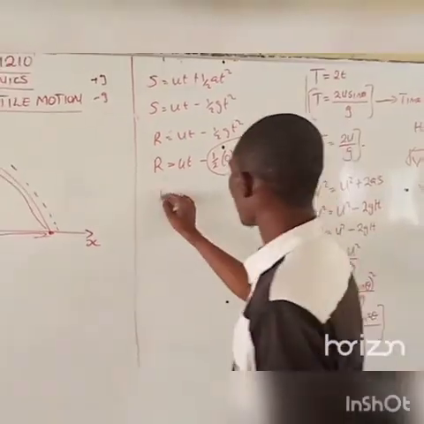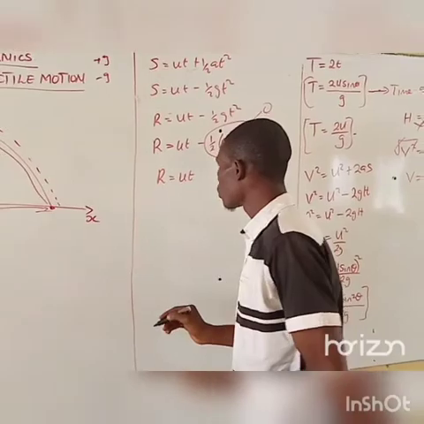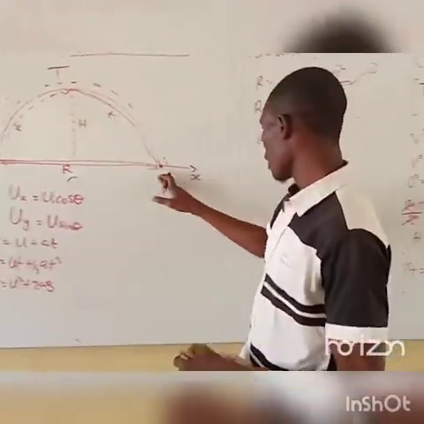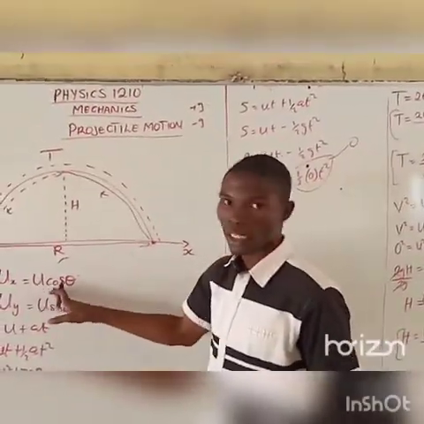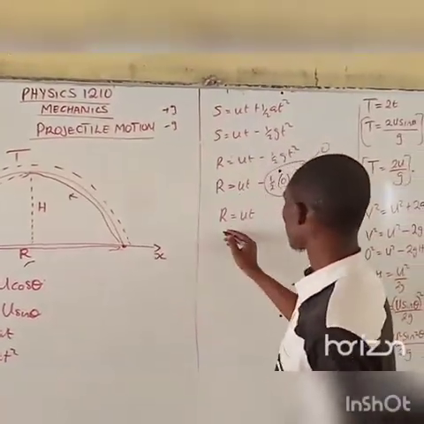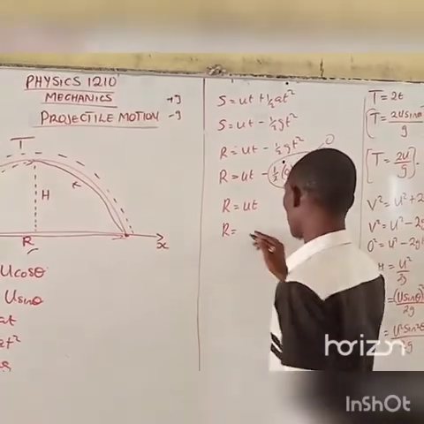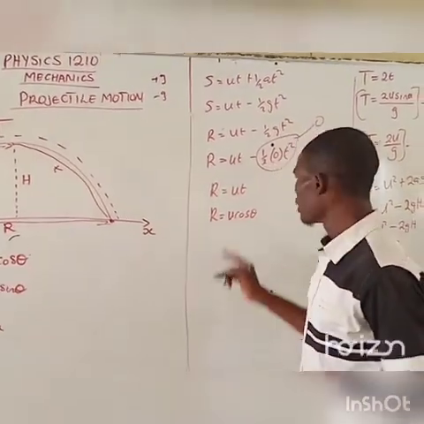That means we have R is equal to ut. Remember, it's along the horizontal, along the x-axis, so ux is equal to u cos theta. So you can say R is equal to u cos theta, then t.